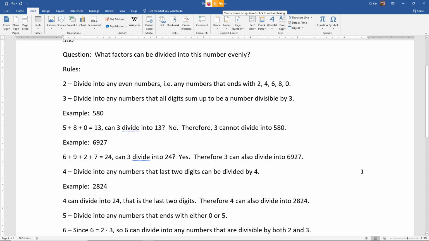Meaning it has to be an even number, and when you add up all the digits, they have to be divisible by 3. So basically the first two rules put together.